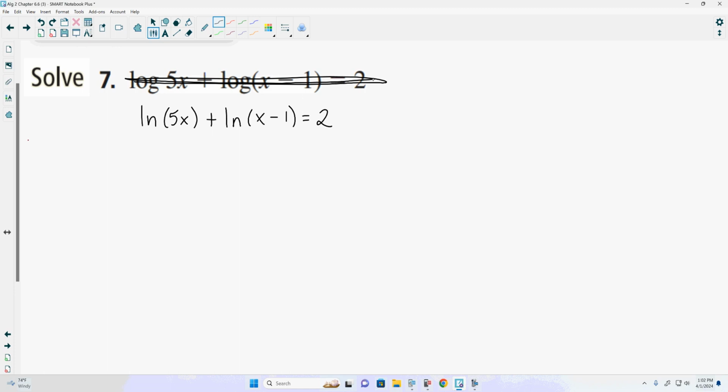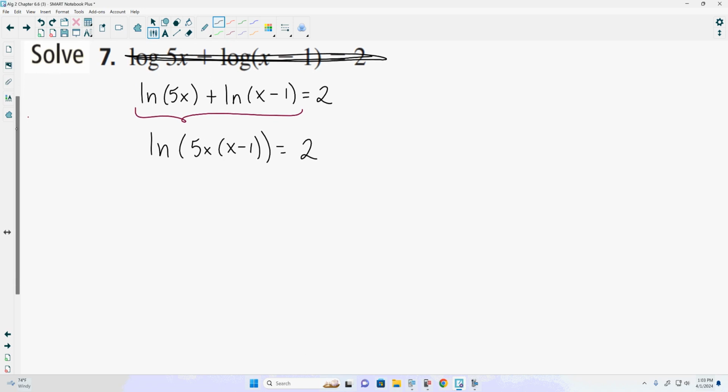So yes, we would use a different base. Now the first step would be the same, because we can rewrite these two natural logs as one, and it would be 5x times x minus 1 is equal to 2.